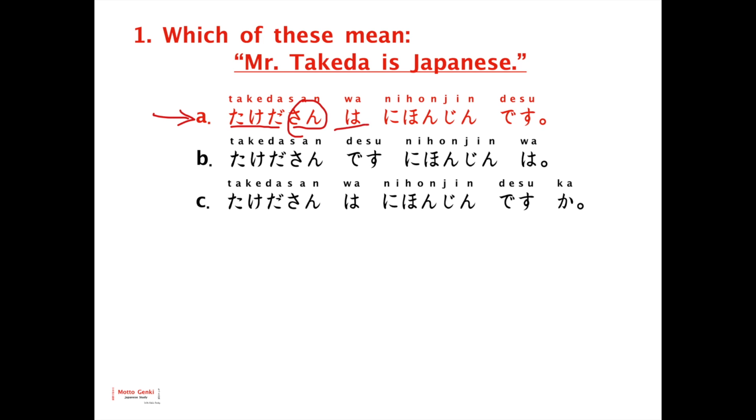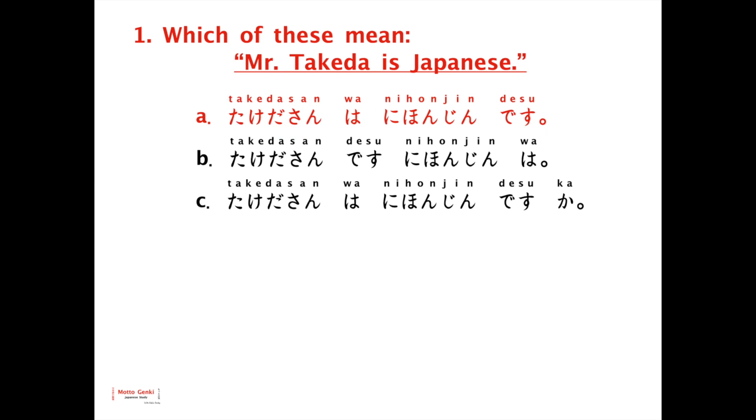Wa says that this is the topic, Takeda-san. Nihon, we learned, is Japan, so Nihonjin is Japanese. Desu is is. So, Mr. Takeda is Japanese.